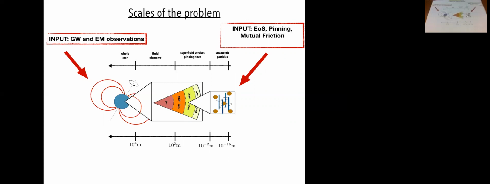It depends on the rotation rate of the pulsar, but it can be up to a millimeter or something like this. So this is already a huge jump. And then I want to average over many of them to get my fluid element inside the star. And then I want to do hydrodynamics and get up to the radius of the star, so up to, say, the 10-kilometer scale, where I can model the dynamics of the star and then compare to observations.